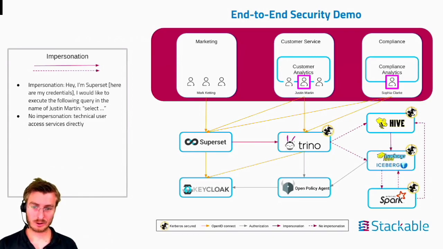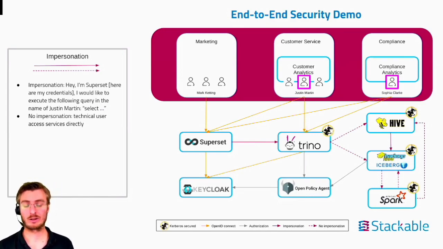Now, if you look at the picture, you'll notice that there's a couple of different arrows in there, and we've provided a legend to that below. Most importantly for this, what I would like to point out is the pink arrows. Some of them are dotted and some of them are solid. So the solid ones use impersonation, which means that when a customer or a user connects to Superset and runs a query in Trino, Superset will actually instruct Trino to run the query as that user.